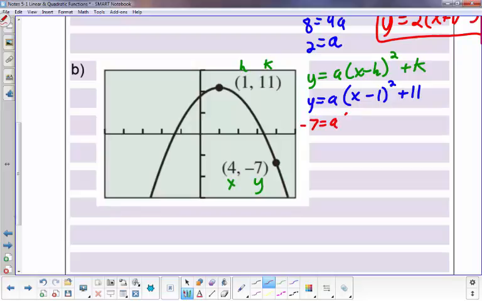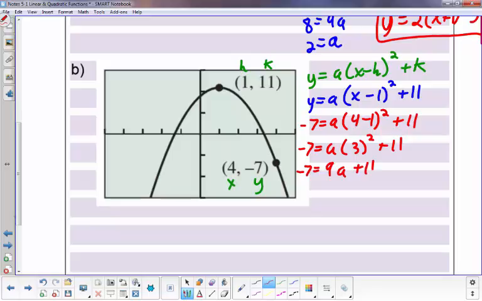Negative 7 equals a times 4 minus 1 squared plus 11. So negative 7 equals a times 3 squared plus 11. Negative 7 equals 9a plus 11. Negative 18 equals 9a. a equals negative 2.